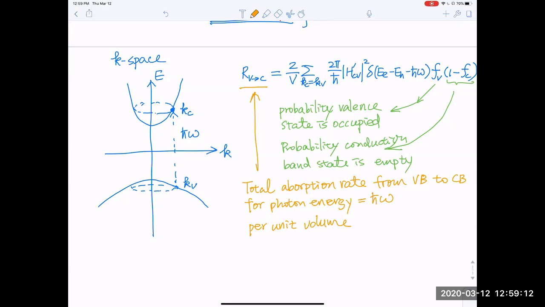So that's why you see the factor here, 2 divided by V. And the 2 is accounting for spin. And this V, as we have experienced before in the derivation of the density of states for electrons or for holes, is the volume, which will cancel out as we do the summation.